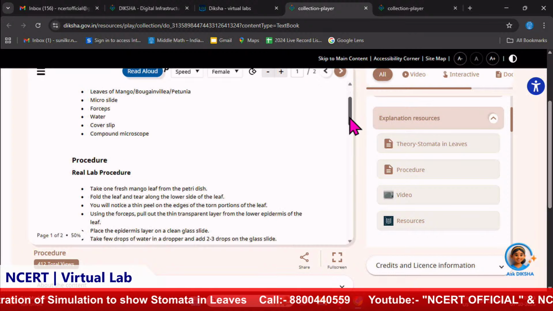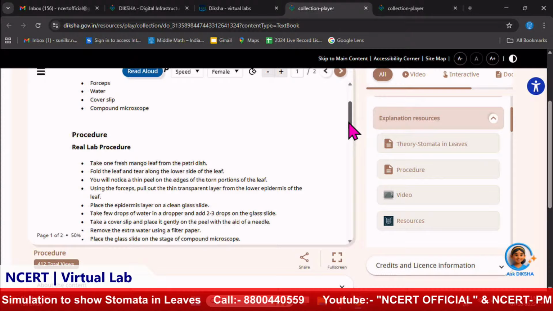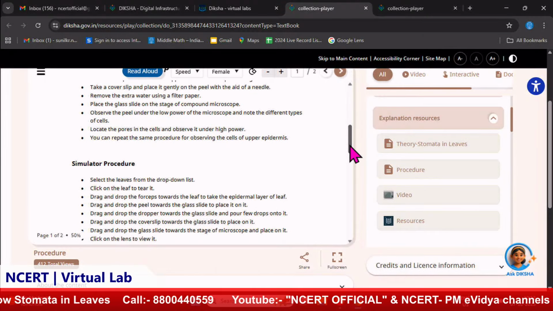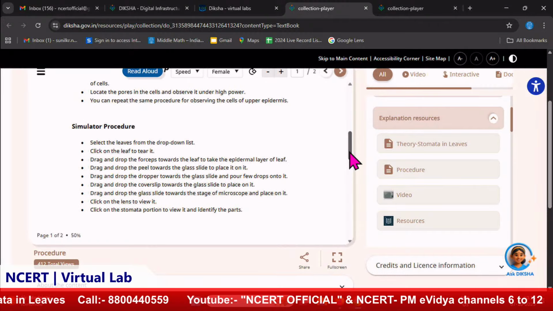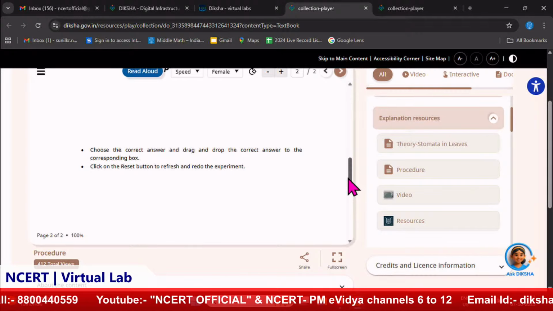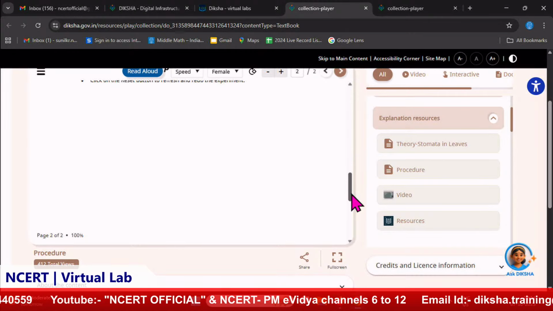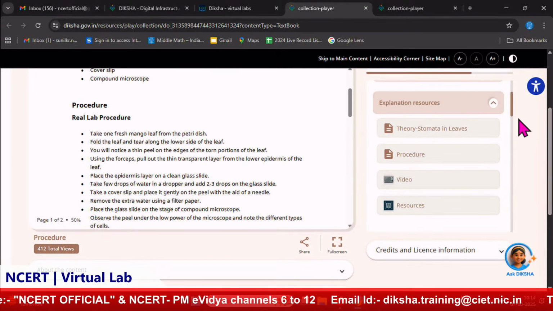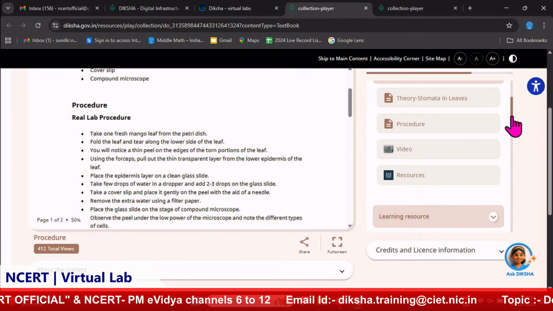The procedure which a student needs to perform in the real lab setting as well as in the simulated environment is mentioned over here. All these steps are clearly given, so there is no confusion. A student can go through this procedure before performing any particular experiment.